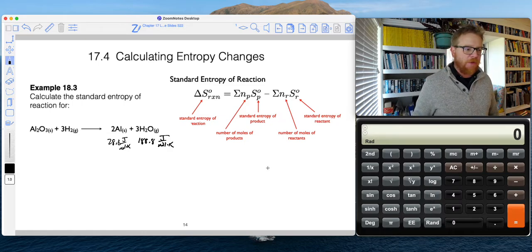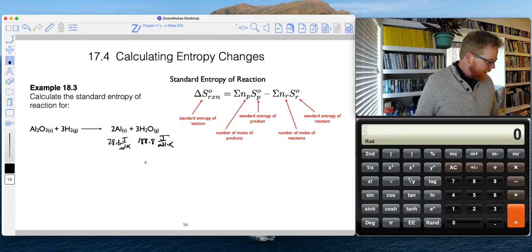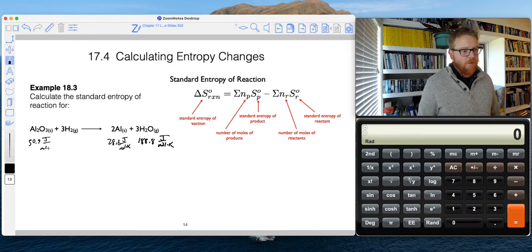It's a more complicated molecule. Our aluminum oxide, Al2O3, is 50.9 joule per mole K. And our hydrogen, our H2, is 130.6 joule per mole K.